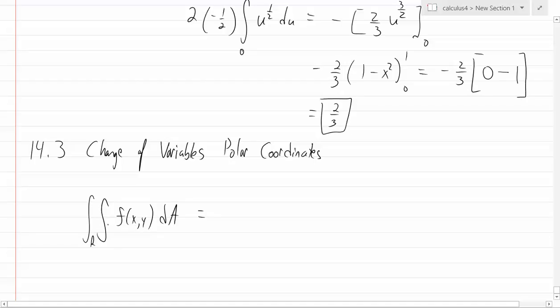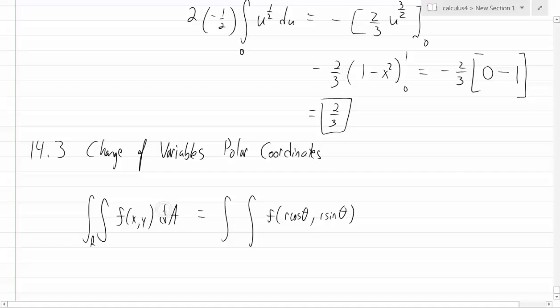When we change that over to polar, that f of xy is now going to be f of, well, what is x in terms of polar? r cosine theta. What is y equal to? r sine theta.